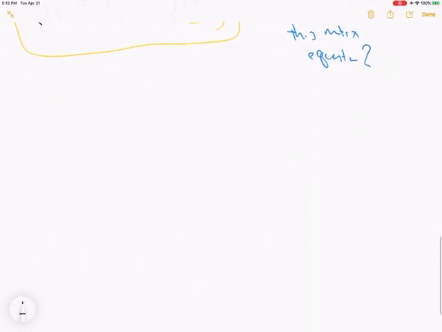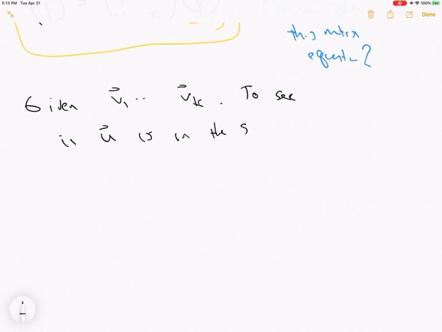So in general, given a set of vectors, say v1 through vk, to see if some other vector, say u, is in the span, let's just go through the definition.